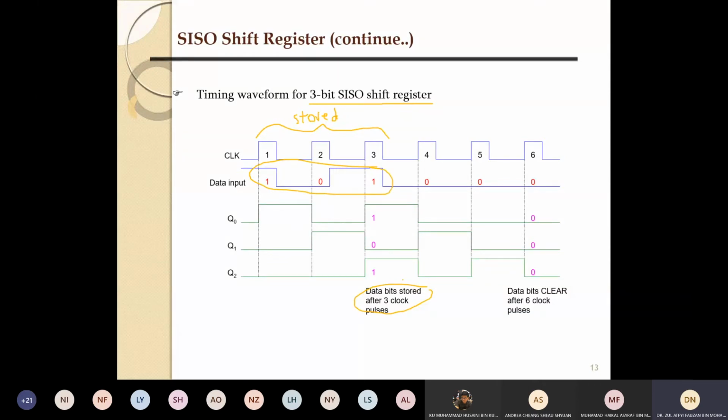So we require 3 clock to store all 3-bit data, and also another 3 clock to shift out the data, and also another 3 clock to clear the shift register. Okay, so this is to shift out the data.